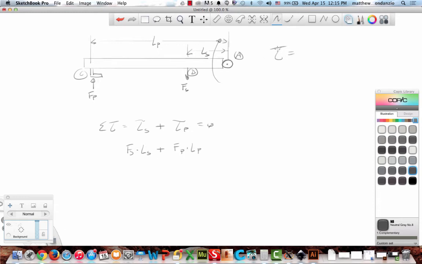Torque equals force times length perpendicular. So that is going to equal 0.